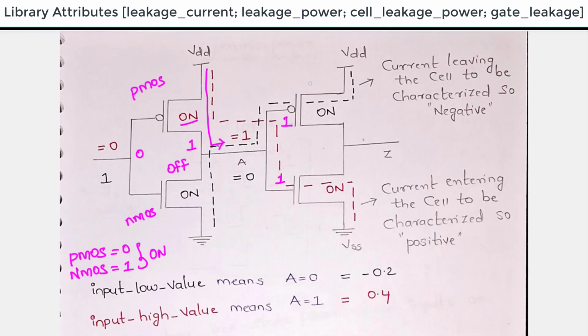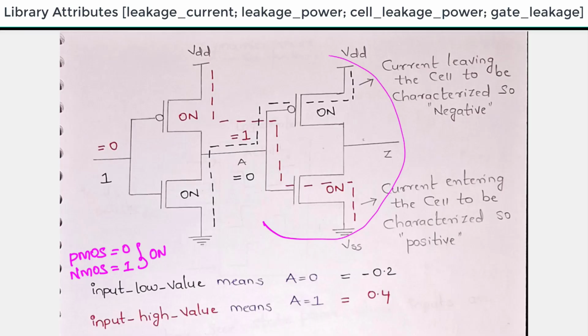So 1 for PMOS, this will be off, and 1 for NMOS, this will be on. So that's the reason there exists a path from this to this towards ground. So in this manner, this one as well as this one gets turned on and it will be connected to ground. So here if you see, the current is entering the cell that should be characterized. So here this is a cell that needs to be characterized. As here it is entering, this should be treated as positive. So current entering the cell to be characterized should be positive.